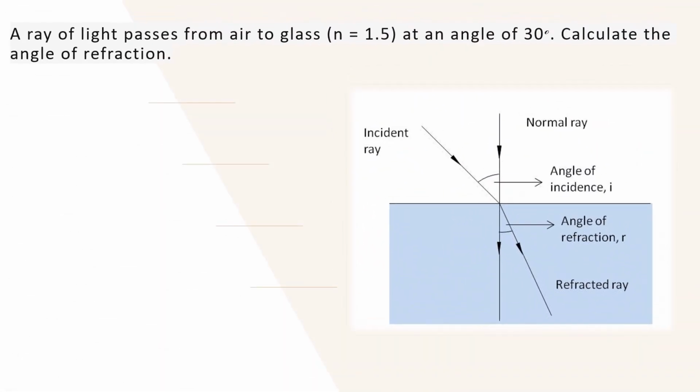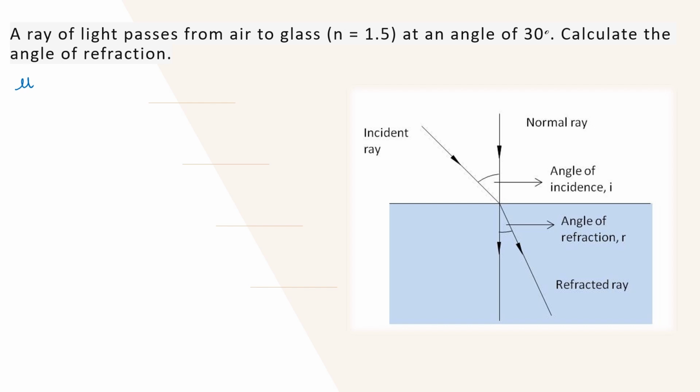The next question is, a ray of light passes from air to glass. Here n is equal to 1.5. What is n? Just now we have studied that n is also used to represent refractive index. I am writing refractive index as mu. If you want, you can write n, not a problem.